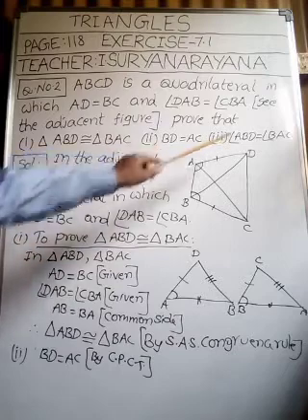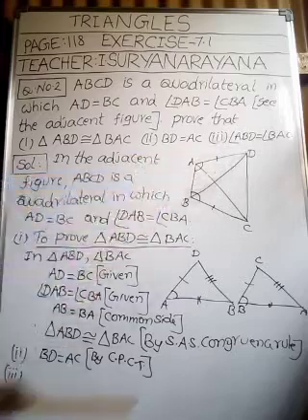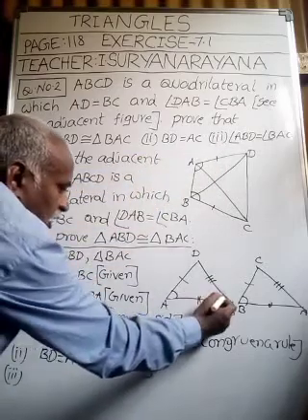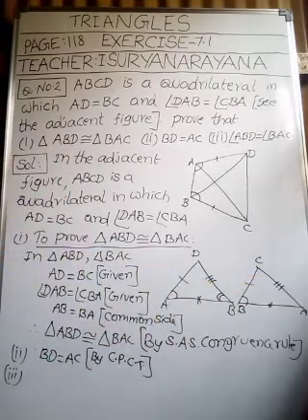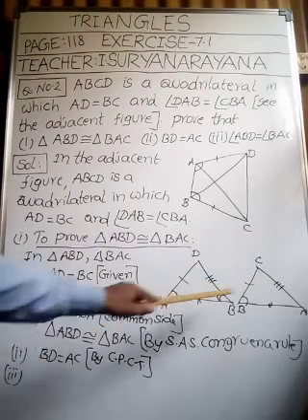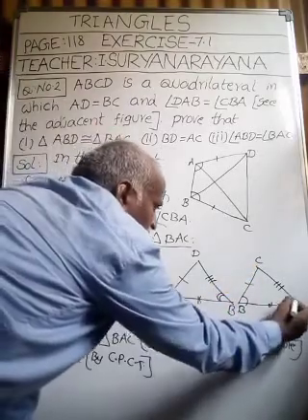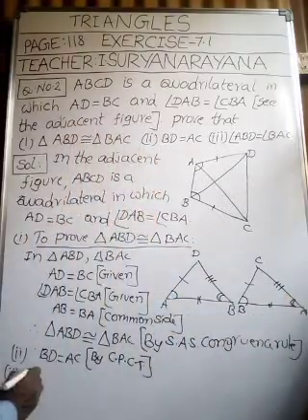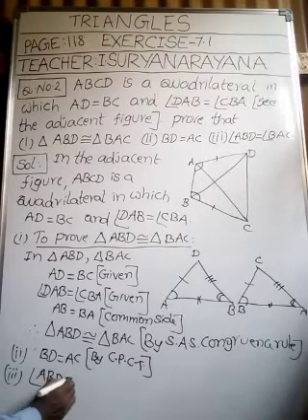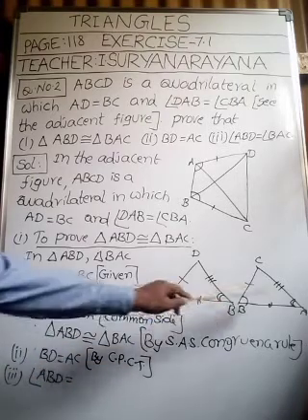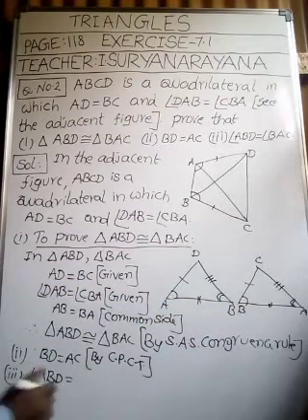Right. Now come to the third part. What is the third part? Angle ABD. This angle is equal to which angle, the corresponding angle to this angle? Angle BAC. Isn't it or not, my children? Angle ABD in this triangle is the corresponding angle to the angle BAC in the second triangle.